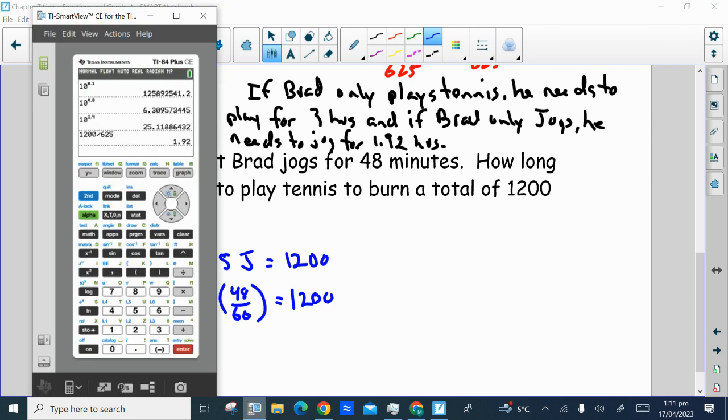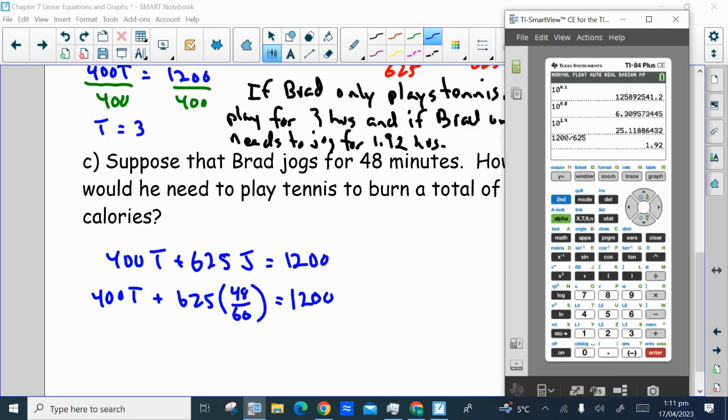So go to our calculator. 48 divided by 60 is 0.8 of an hour jogging. Times 625 calories per hour means that he will burn 500 calories jogging.